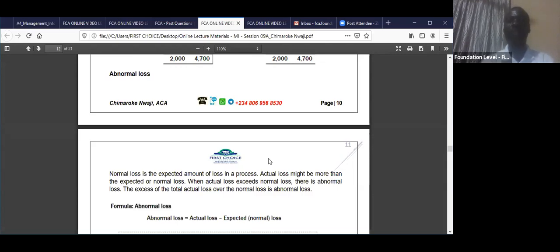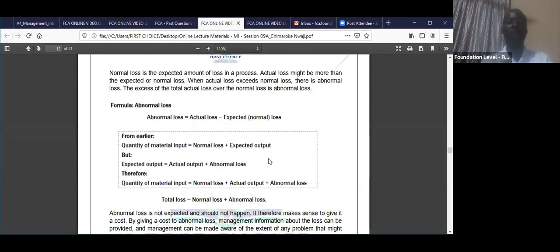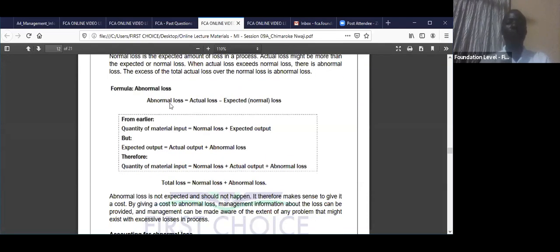It means that your actual quantity is going to be lower than your expected quantity. So it means that your loss has gone beyond normal. Look at the formula for abnormal loss. Abnormal loss is the actual loss minus expected normal loss.